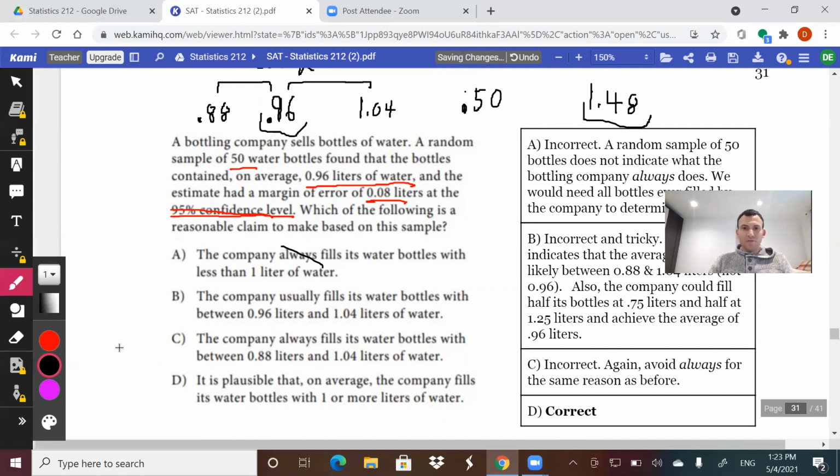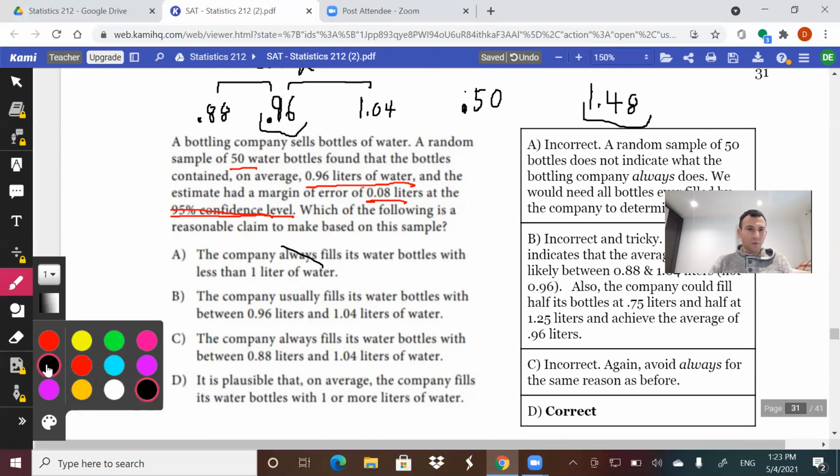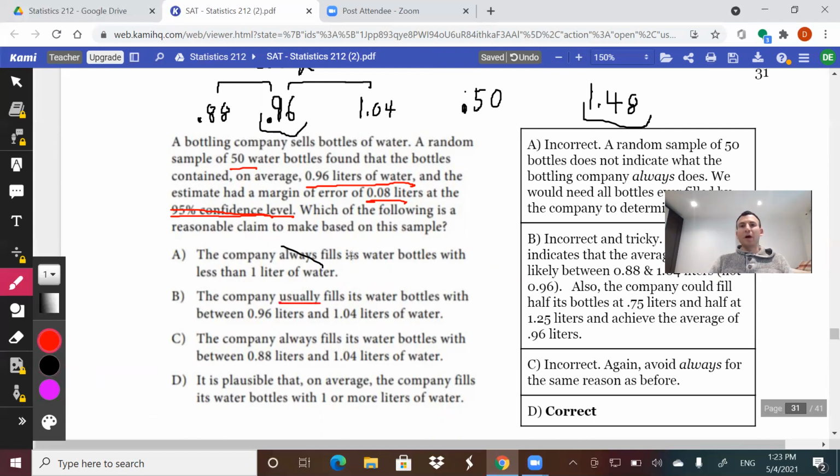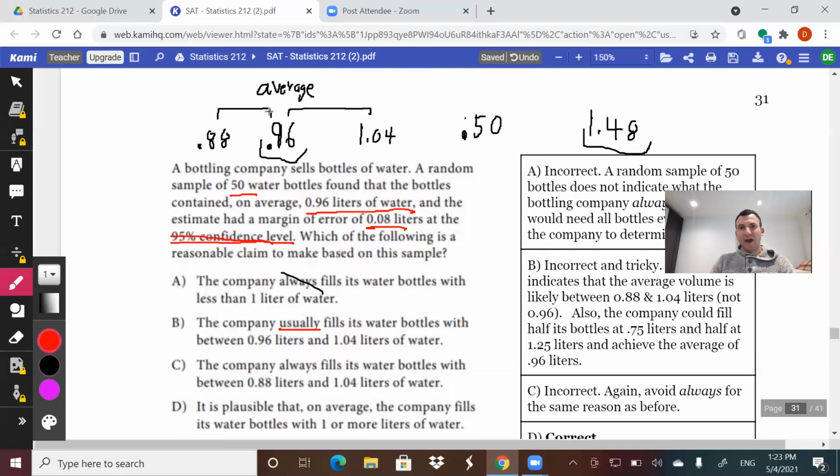The company usually fills its water bottles between 0.96 and 1.04 liters of water. B gets a lot of people. So it says usually, so we go, oh, okay, well, this says that the average is likely to be within the range of 0.88 to 1.04.